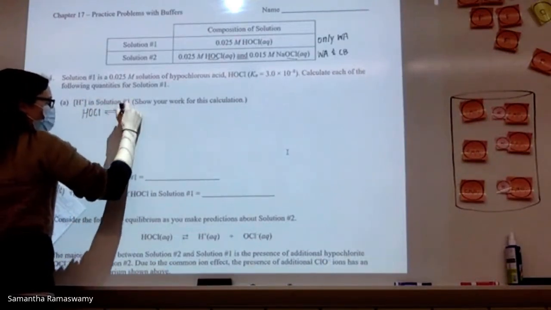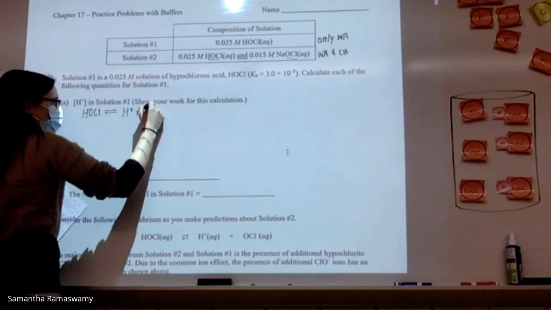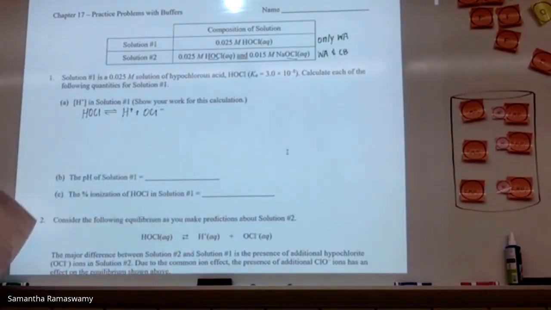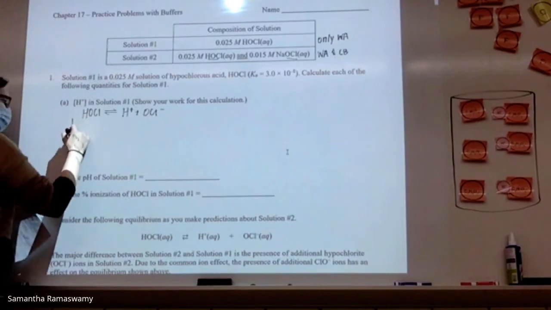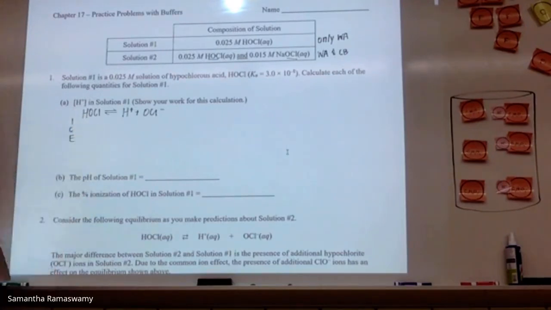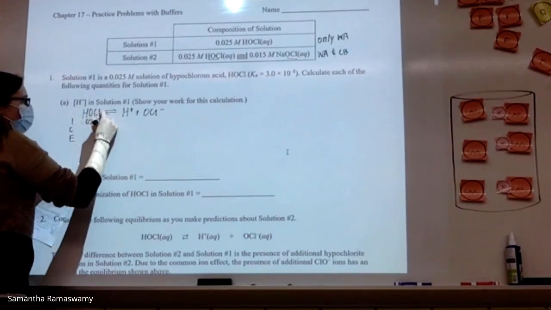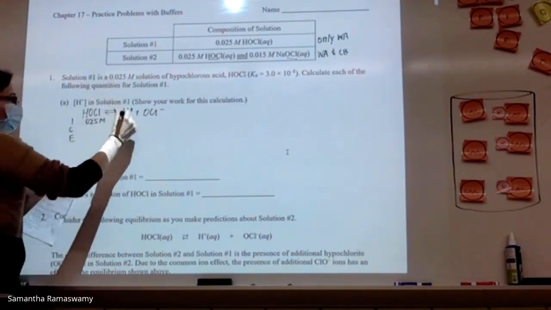This is going back to chapter 16 and reviewing chapter 16. We have a 0.025 molar solution. We have nothing else initially. The only thing in the container is the weak acid. I don't know anything else, so I'm going to use X's.